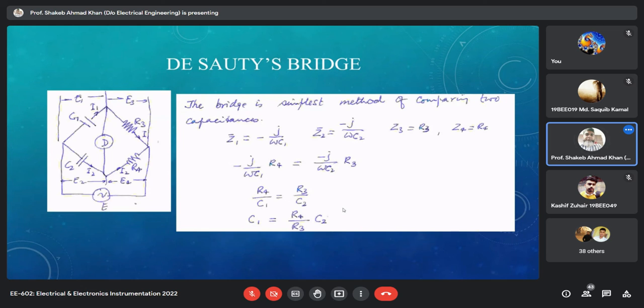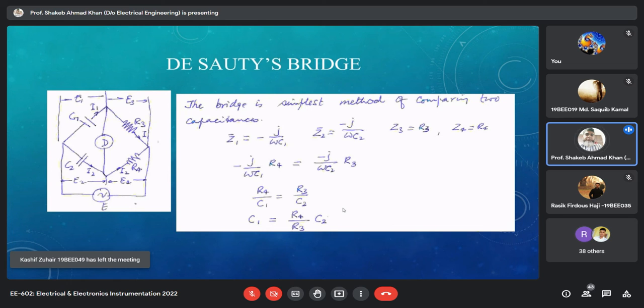This bridge is for the lossless capacitance. Means if your unknown capacitance is lossless and your known capacitance is also lossless, only then your bridge will be balanced. Otherwise your bridge will not be balanced.